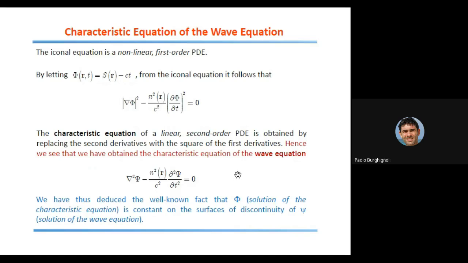So we have found that the wavefronts, that is the surfaces where the Iconal is constant, are the surfaces where our wave equation has discontinuities, which was by our initial assumption about the electromagnetic field.